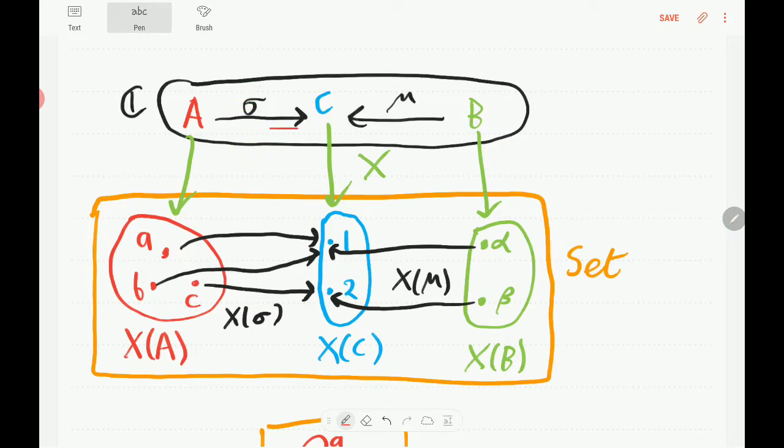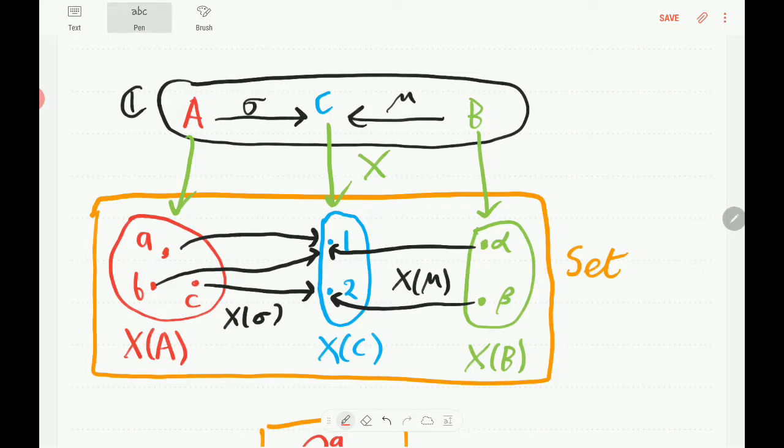And then sigma. So we can think of X of C here as this set of vertices. And then we've got one set of petals X of A, and another set of petals X of B, and then X of sigma and X of mu are telling us which vertices those type 1 petals, or red petals, and those blue petals are coming off.